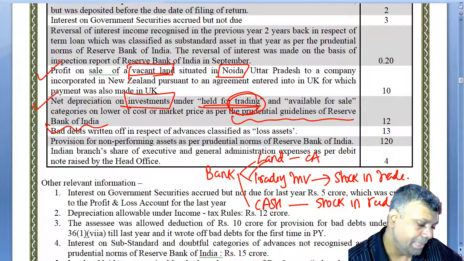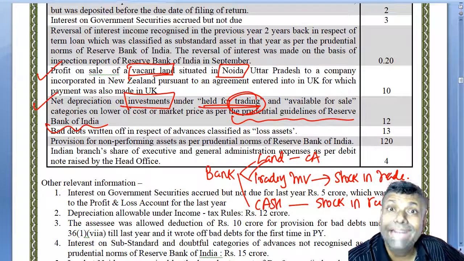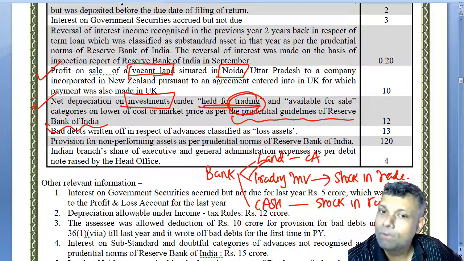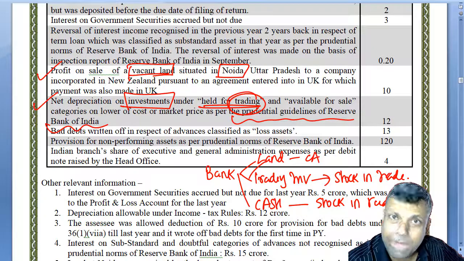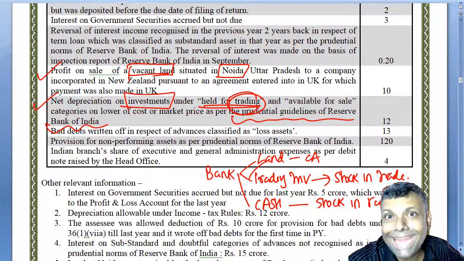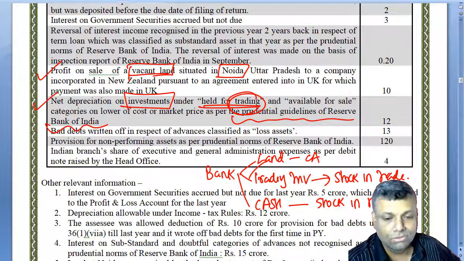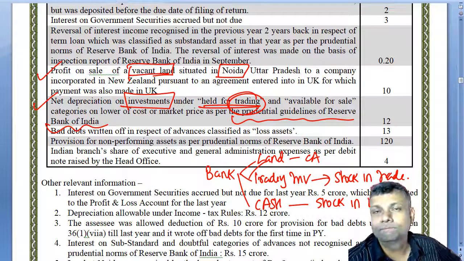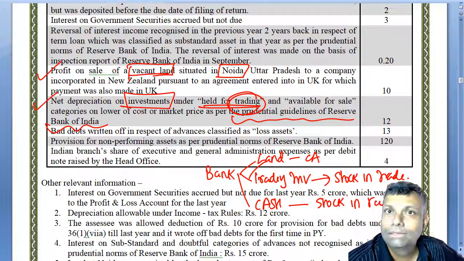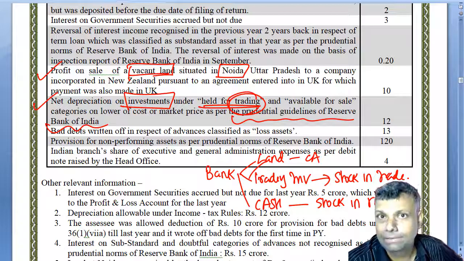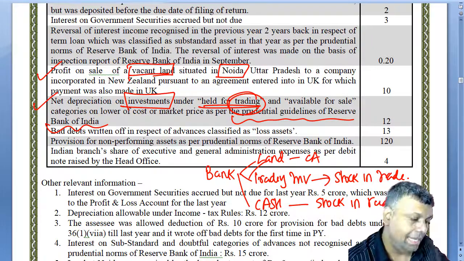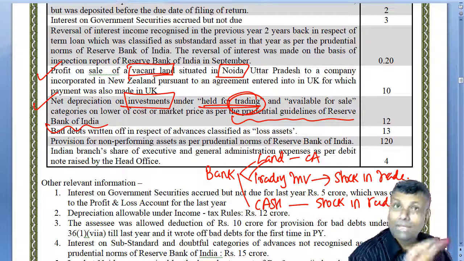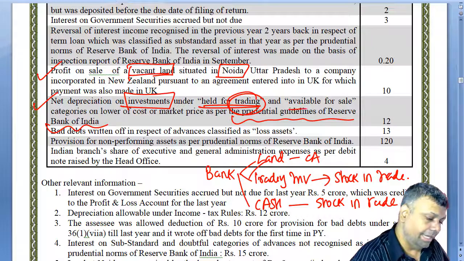Same thing here with respect to the investments. I repeat and focus on these words: the trading investments are stock in trade to the bank. Look at the words used, held for trading and available for sale.